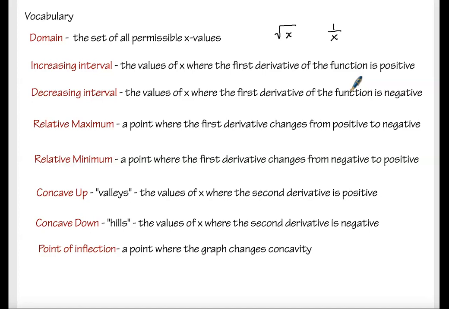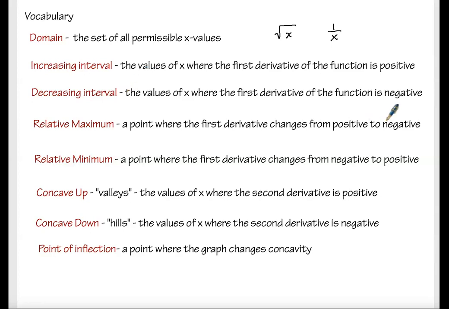So if the slope is positive, the first derivative is positive, then that means that the graph is increasing on that particular interval. And if the slope is negative, so your graph is going down, or the first derivative is negative, then the function is decreasing in that particular interval.